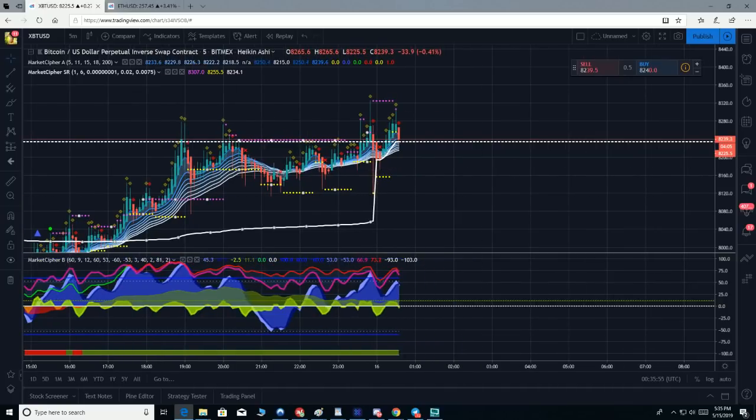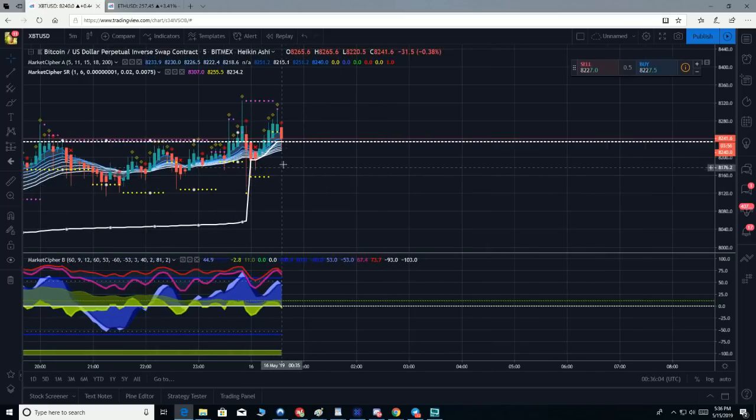I might be looking at 8170s, 8180s to add more long, if we get down there.